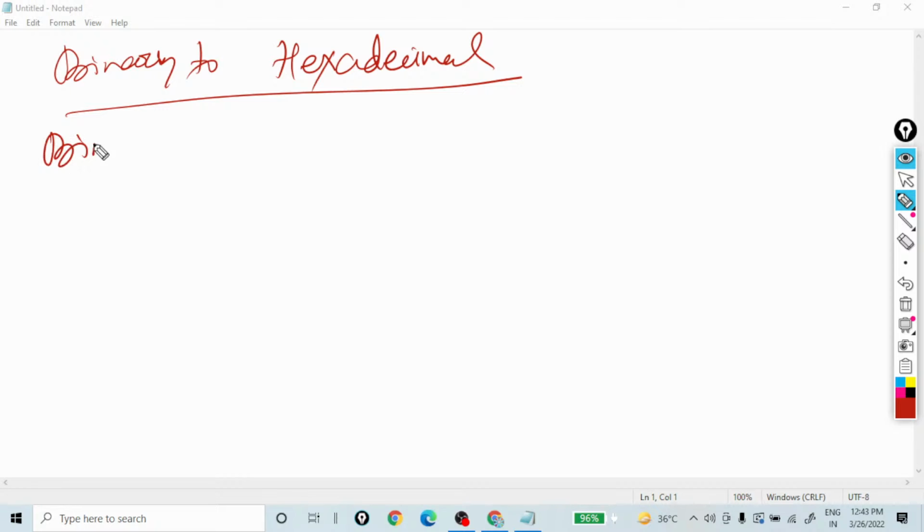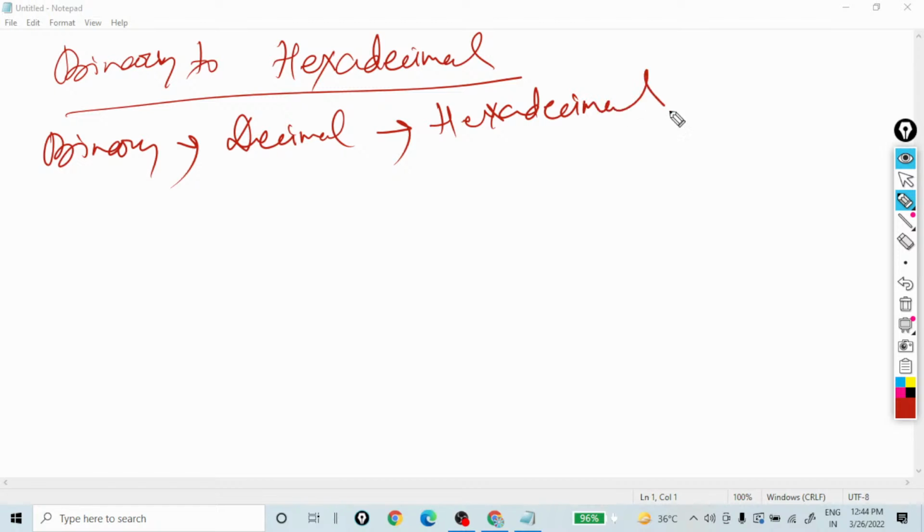So first we have to do binary to decimal, then decimal to hexadecimal. First we will see binary to decimal. For example, we have taken an example of the binary system, 1001. Suppose this is in binary, then what will it be in decimal?